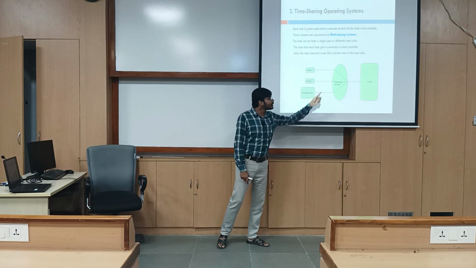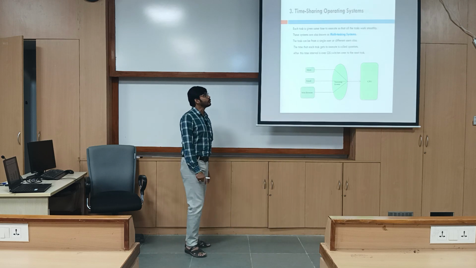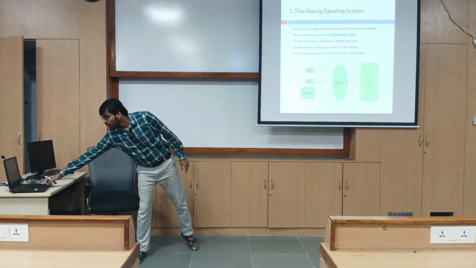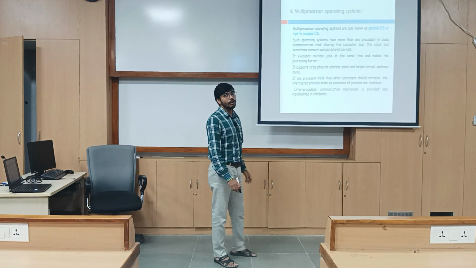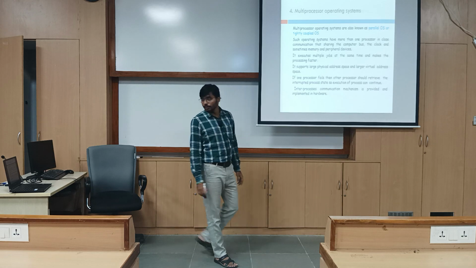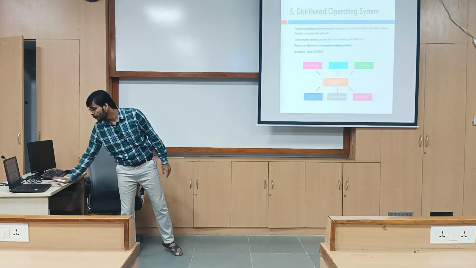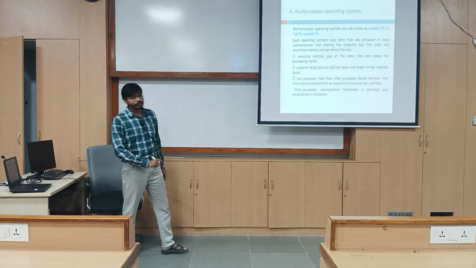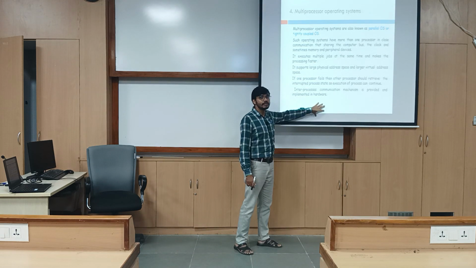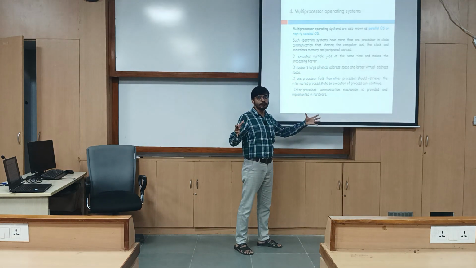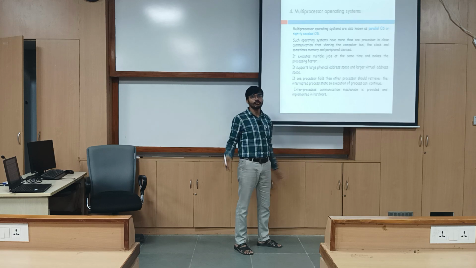Still, these systems are not parallel execution. So parallel execution is offered by the multiprocessor operating system. In multiprocessor operating system, what do we want? One hardware is there. We have multiple programs, multiple processes. They don't want a large amount of memory.